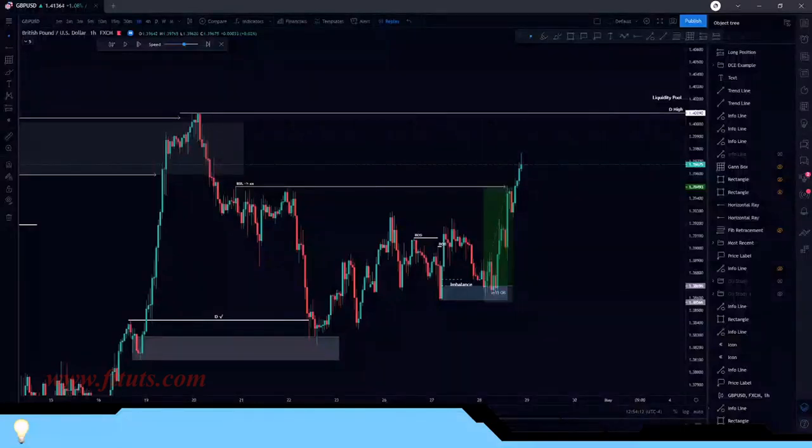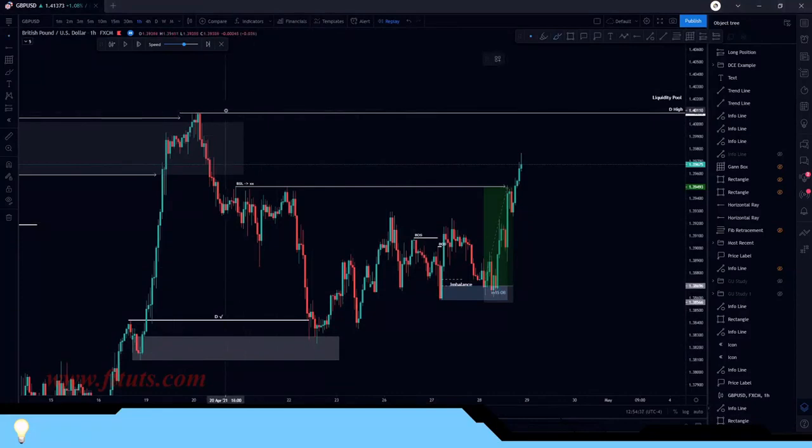Now let's take a look at a Japanese candlestick live example for the double confirmation entry on GBP USD here. Okay, we can see that previously we had bullish market structure, breaking structure to the upside, price mitigating different points of interest, and then potentially shifting market structure to the upside, right?